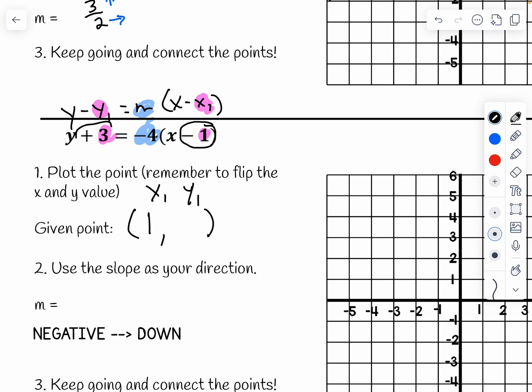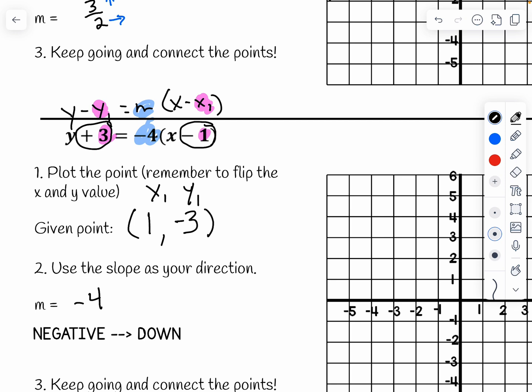On the other side, that's really supposed to be a minus in the equation. So since I see a plus 3, that tells me that really I was subtracting a negative 3. My y is negative 3. That is my first point, guys. And then my slope is easy. It's negative 4.